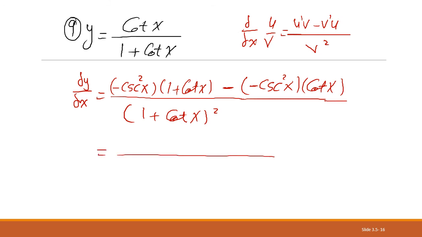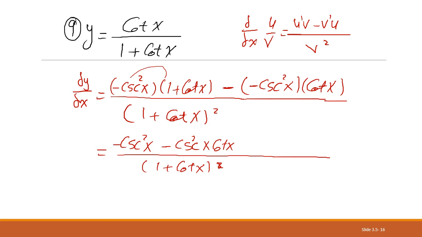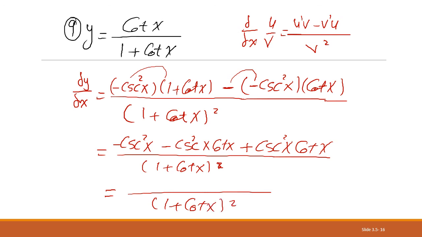So it's equal to 1 plus cotan x all to the power of 2. Negative cosec multiplied by 1 is negative cosec squared x, minus cosec squared x cotan x. Negative multiplied by negative is positive cosec squared x cotan x, so it's equal to 1 plus cotan x squared. By cancelling, adding the like terms, negative cosec and positive cosec give me 0, so it's negative cosec squared x. So this is dy by dx.